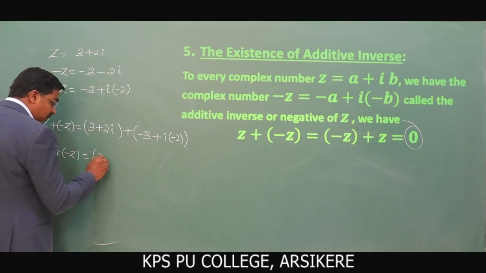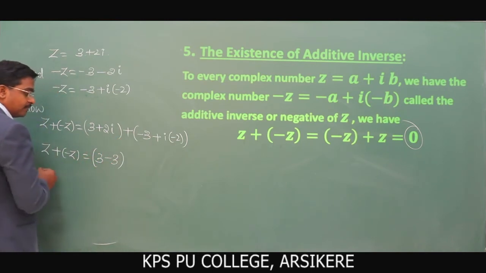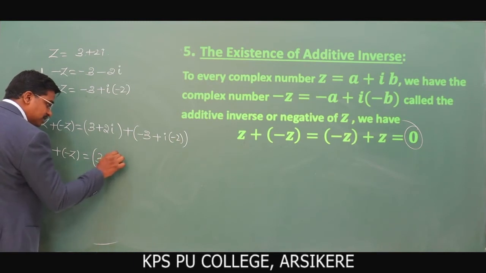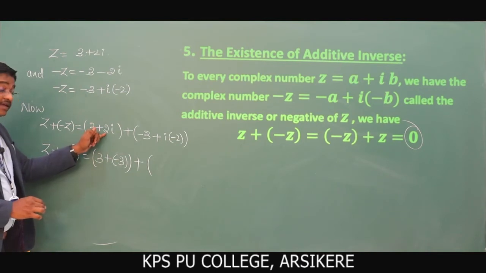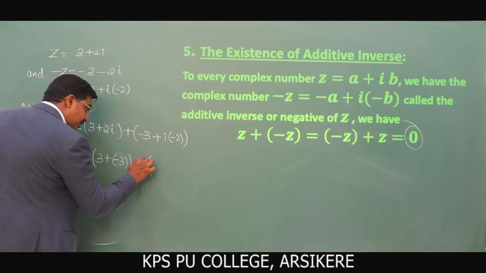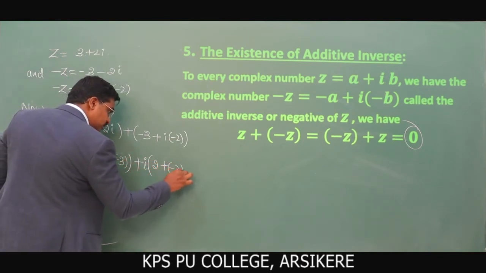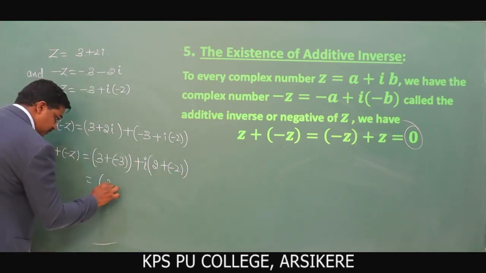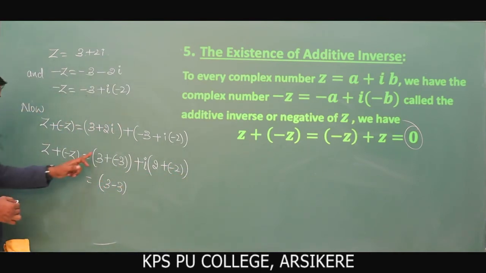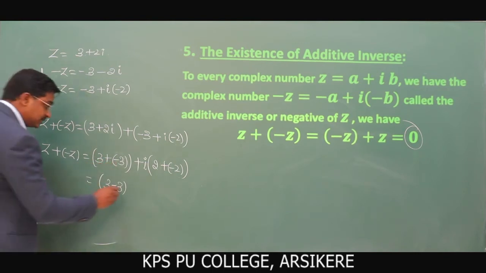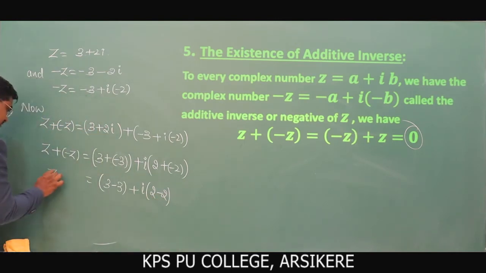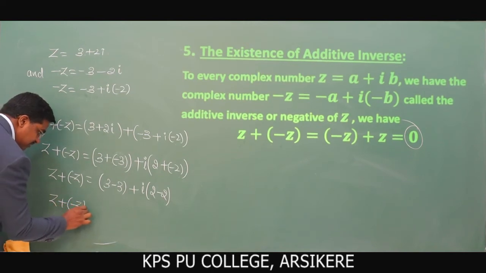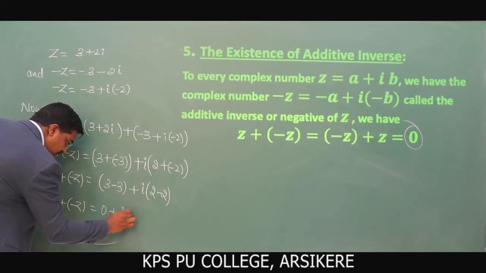The real part here is 3 and for this one -3. Here the imaginary part is 2, i times 2 plus (-2). 3 - 3, and plus into minus becomes minus, plus i times (2 - 2). So z + (-z) is equal to 0 + i·0.